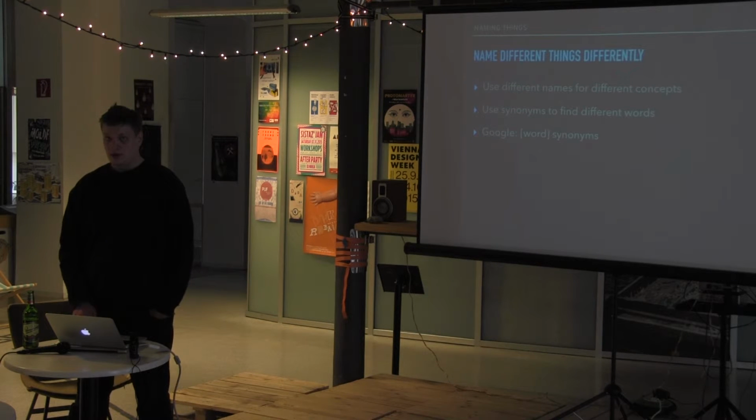Oftentimes you have situations where you could use a word that is appropriate for a concept, but you're already using this word for another concept. In this case, it's much better to pick another word. For this use case, you can Google for word synonyms, and it will show synonyms of that word, so you can pick a more appropriate one.